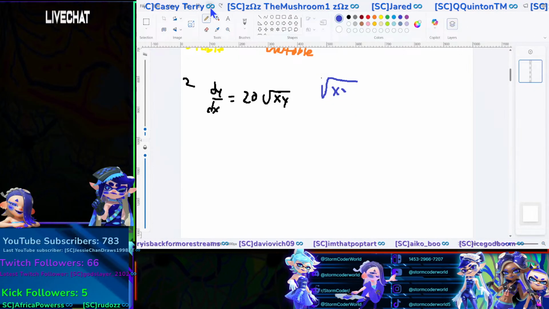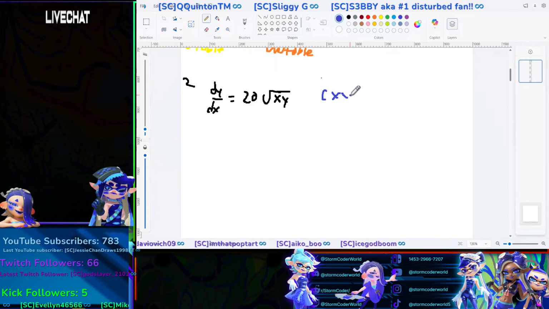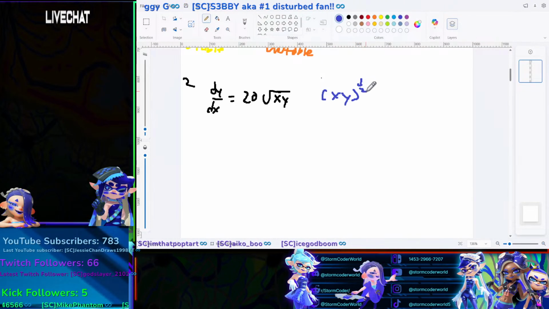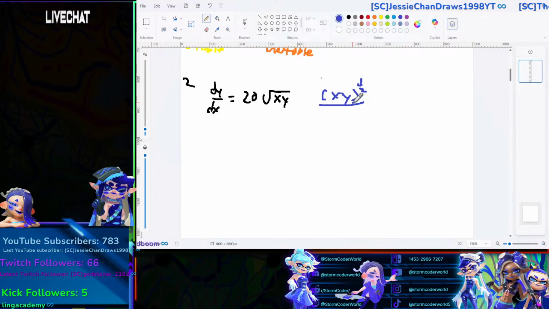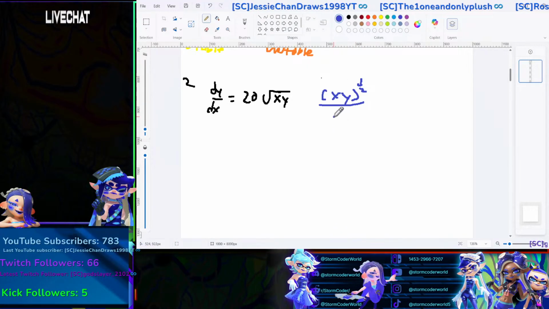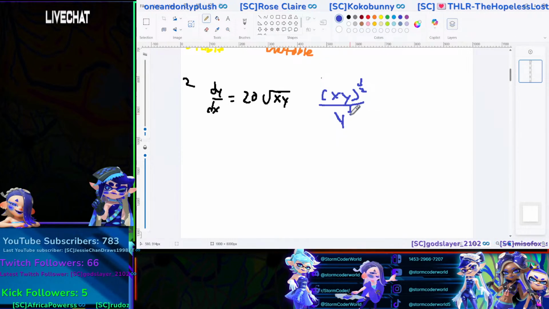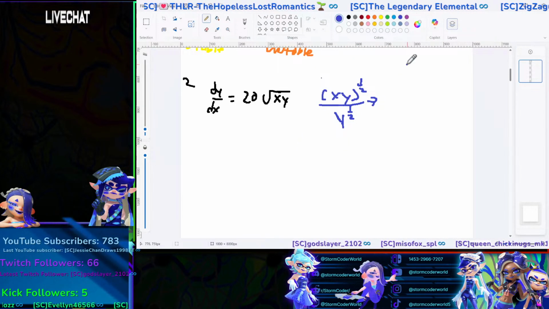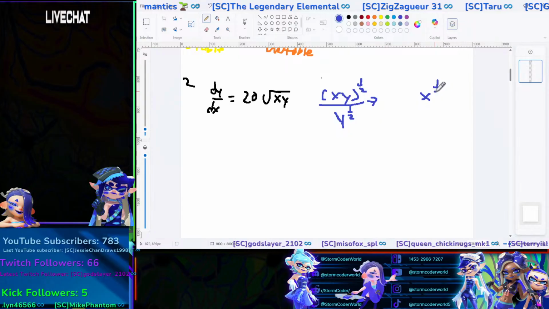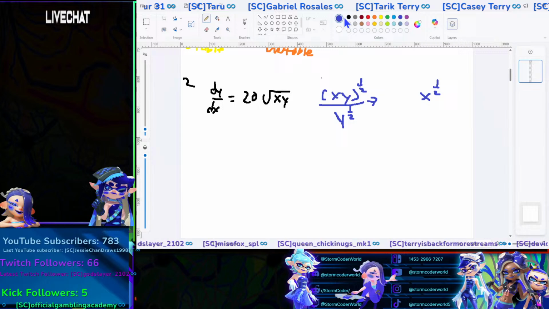Although, to be fair, xy to the 1/2 is what this is, and I can divide by y to the 1/2. Hypothetically, if I did this, I'd still have this x to the 1/2 here, but the y will be gone, and then I can port it over.